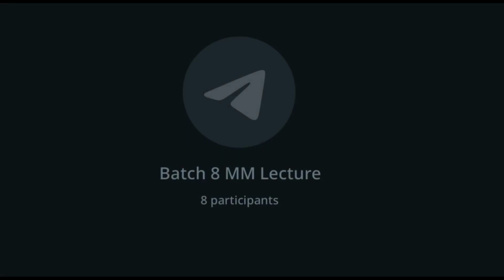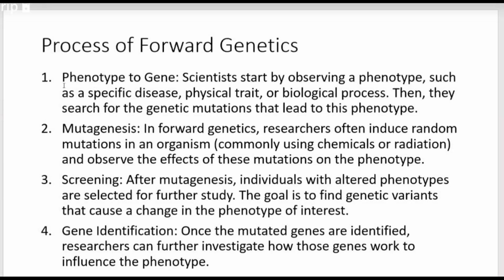The process of forward genetics is sequentially divided: phenotype to gene, then mutagenesis, making mutations in the organism, then screening for the mutation, then gene identification.